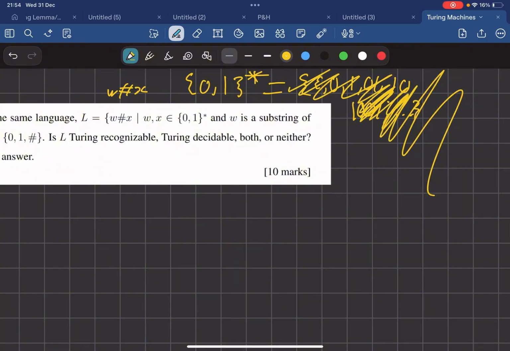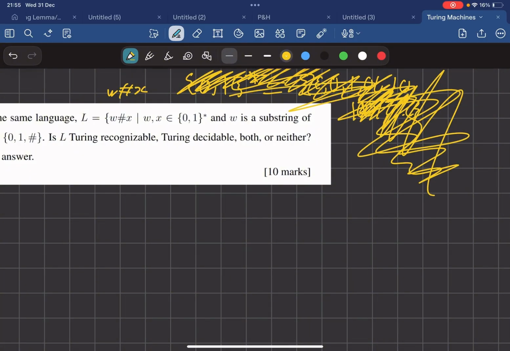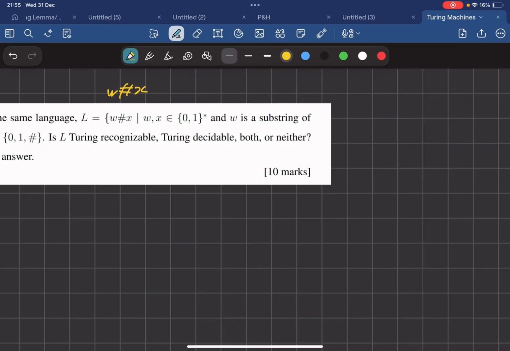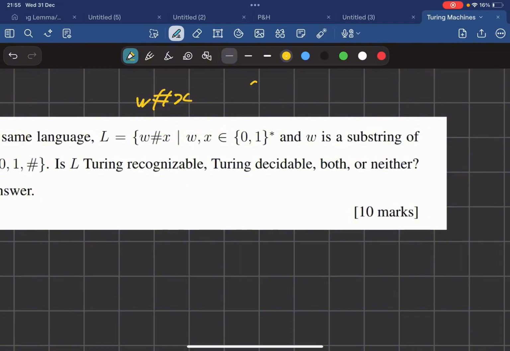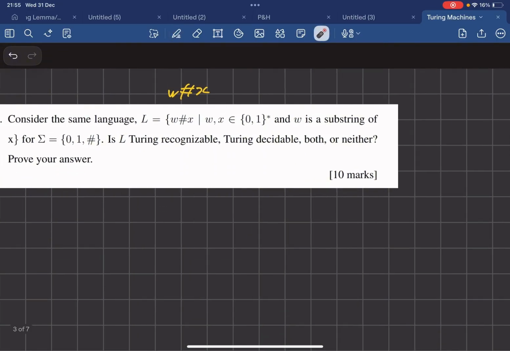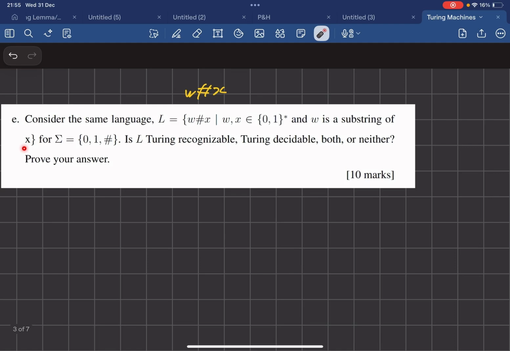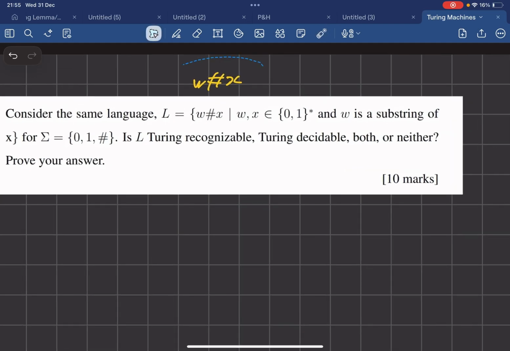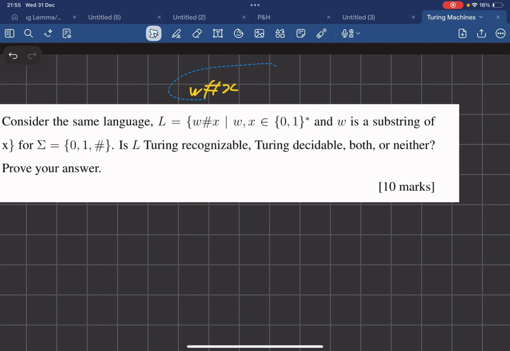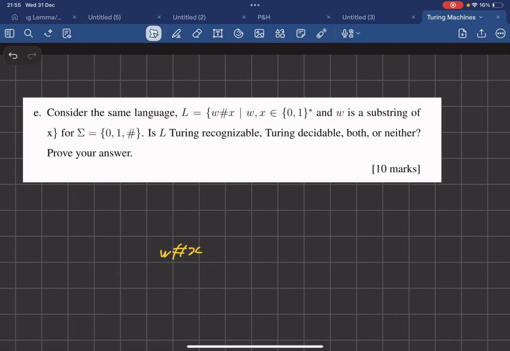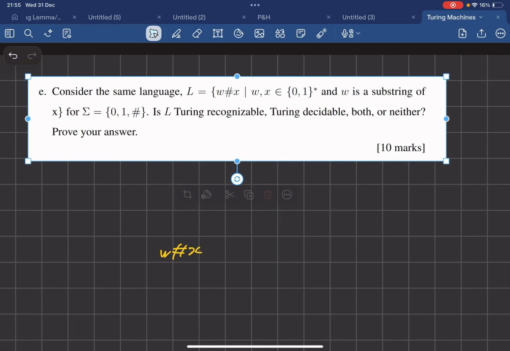And so if W and X are elements of this set, it just means W and X are some string made up of zeros and ones, zero or more zeros and ones. So it could also be epsilon, or like the empty string. Okay, and it says that W has to be a substring of X. So what we have is two strings made up of zeros and ones, where one is a substring of the other.